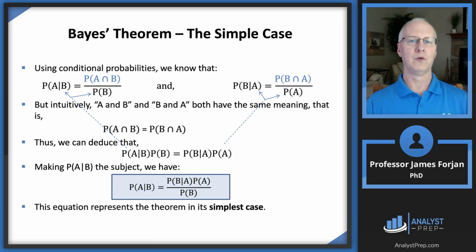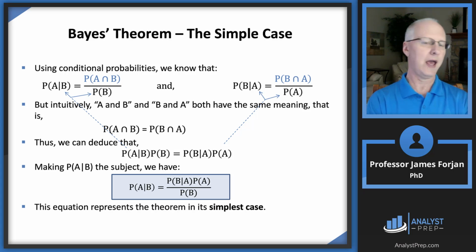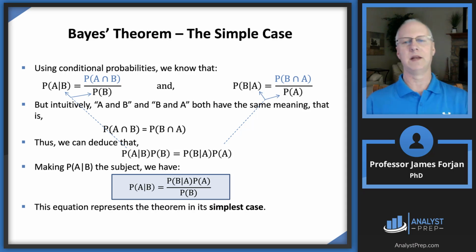And so note, what do we know about conditional probabilities? The probability of A given B can be defined as the intersection of A and B divided by the probability of B. That's what I have at the top left there. And then the opposite of that is the conditional probability of B, given that A has occurred.